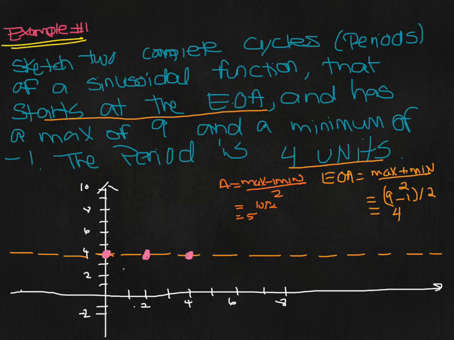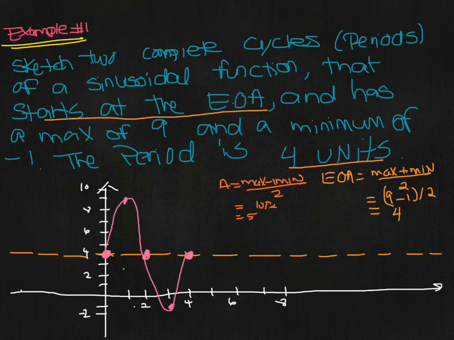So my maximum point has to be 5 units above my equation of axes. So 5 plus 4 is 9. And then same thing here, 4 minus 5 is going to be -1, and that would be my minimum. I would join my points, make sure it's a nice smooth curve, and that represents 1 period.